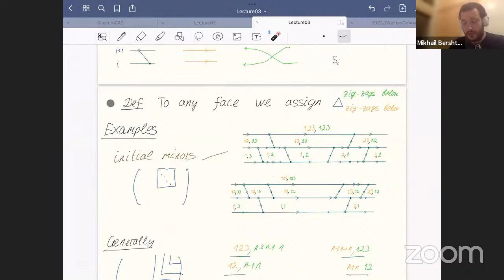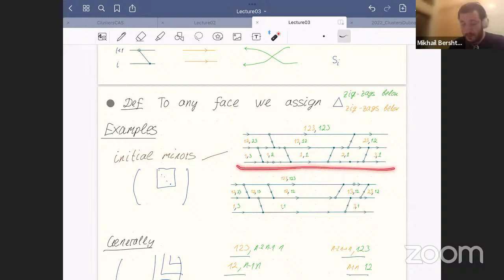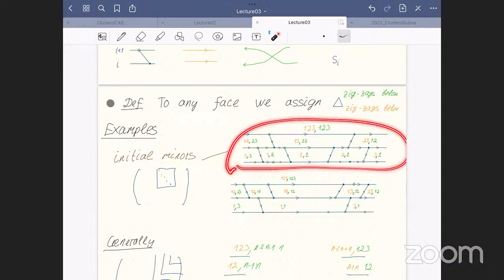For each face we assign a minor, and the rows correspond to orange zigzags below this face, and the columns to green zigzags below. But for the case pictured, 1, 2, 1, 2, we have 3 edges below the face, right? This picture. Yes, on this picture.